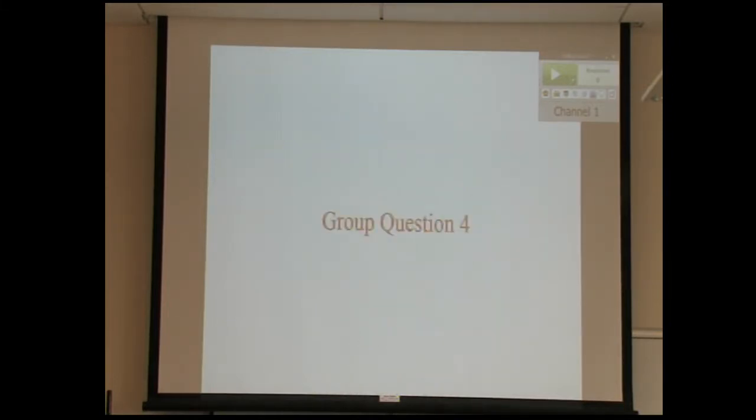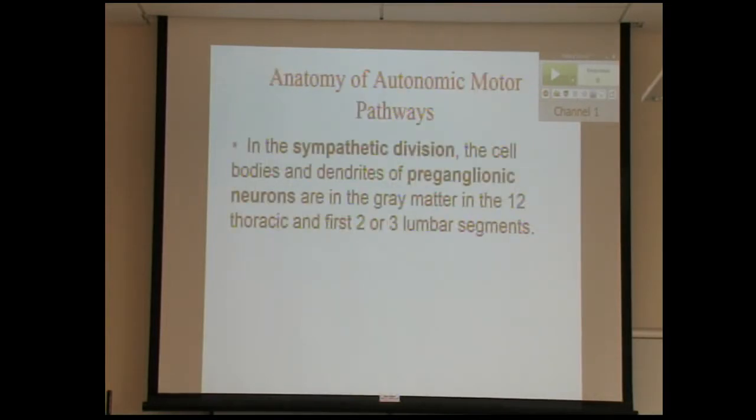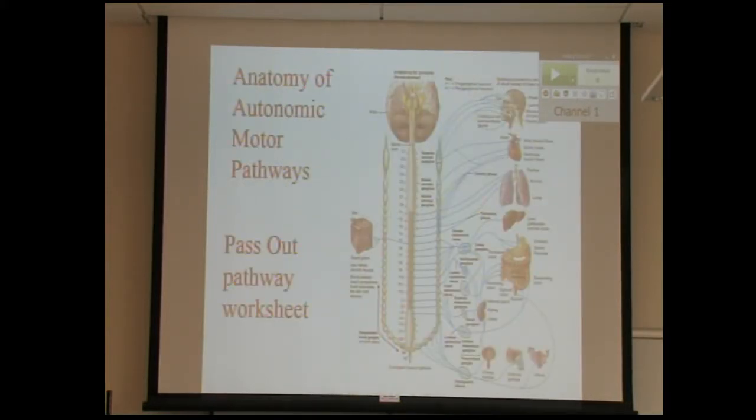You could certainly figure it out by looking at it. But yeah, that definition just means it's both. So like the heart, it gets input from both systems, so it has dual innervation.